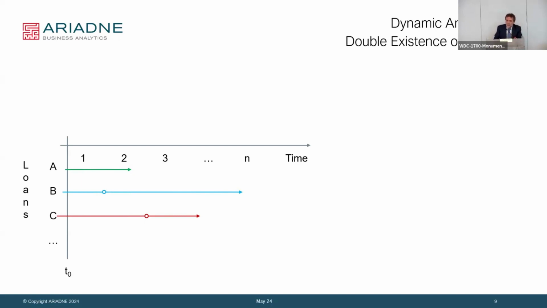The blue one, B, will go up to step N somewhere, but it will have a rate reset, this little point. I want to indicate there's something happening on the way of that contract. C equally goes up to period 4, let's say, but also will have some change. Something will happen. These are the risk parts which Francis was talking about, some interaction with the external world.